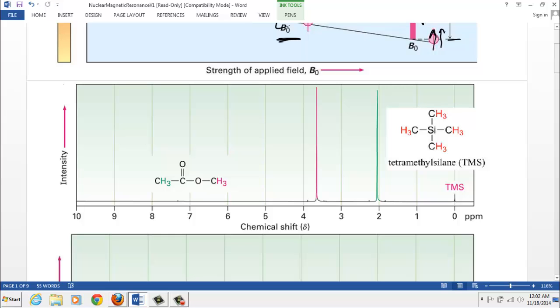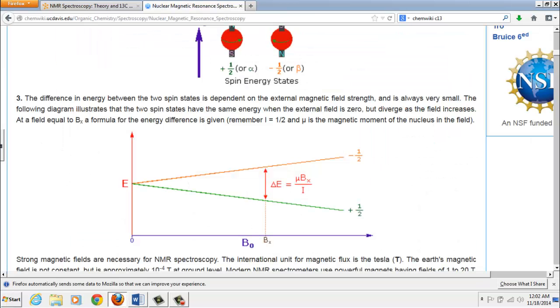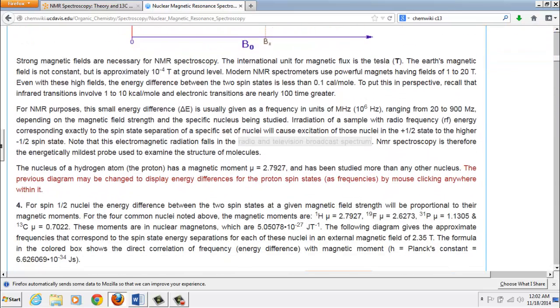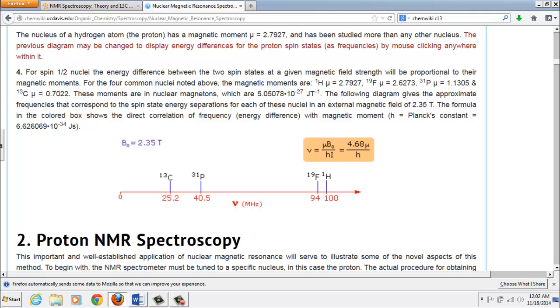First of all, you have to tune the NMR to the particular frequency of your nuclei. So let me go back to the web for a second here. Scroll down on ChemWiki, and there's a little plot over here. Here's the frequency corresponding for different nuclei, and it turns out that the magnetic field corresponding to each nuclei is different, meaning that they will spin flip at different frequencies, different energies, even though the magnetic field is staying the same.